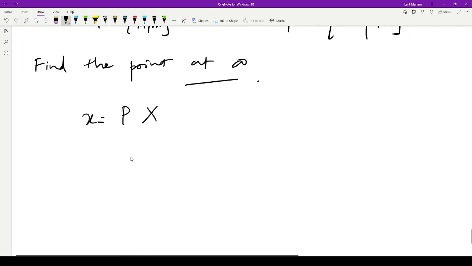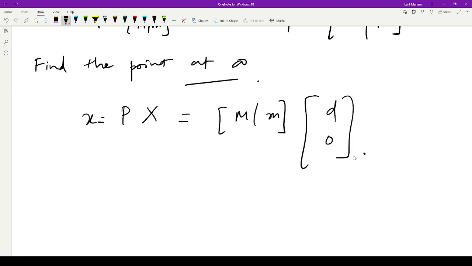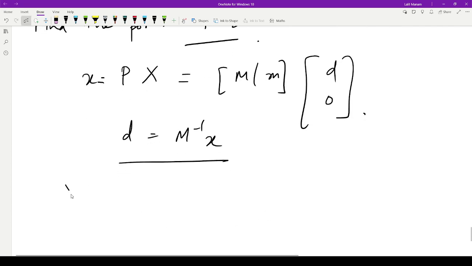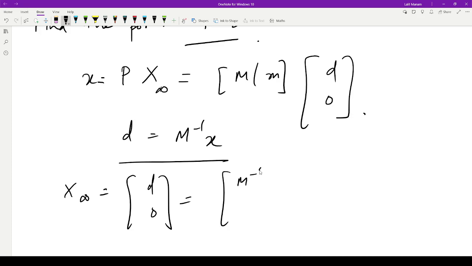So we will go back to our projection equation, and P will be written as M, and X will be like d, 0, right? That we did slightly, I mean, two questions back, I guess. Given this, our point at infinity, which we represented as d, 0, will be given as M inverse x and 0, right?